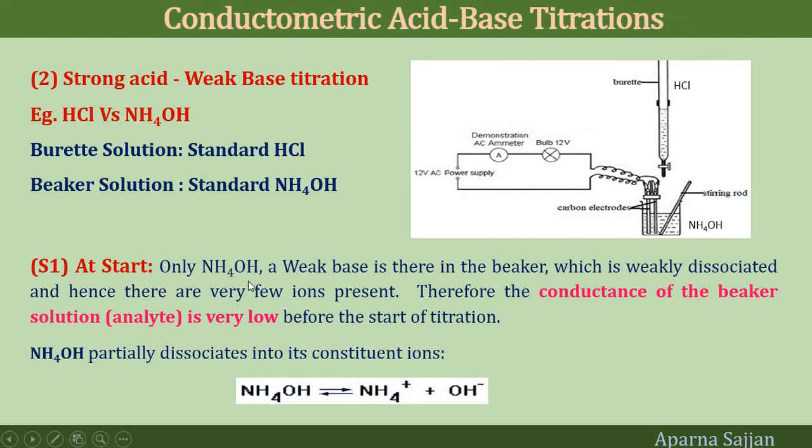At start, in the beaker there is only ammonium hydroxide, a weak base. So it will dissociate partially into ammonium ions and hydroxide ions, which again go back to the ammonium hydroxide form. Therefore, the conductance of the beaker solution at the beginning will be very low.